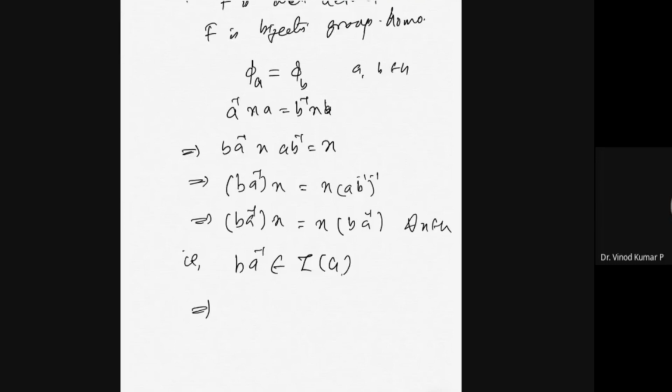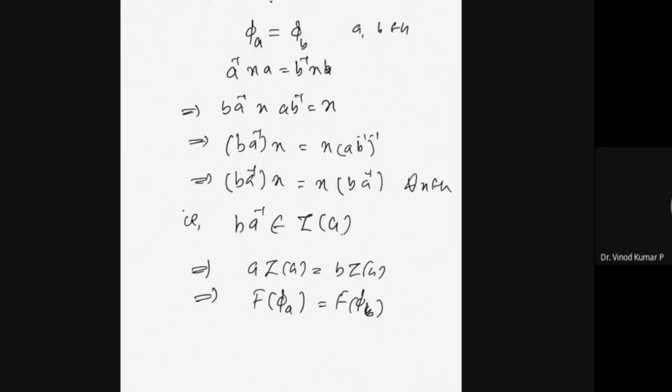So this means that a Z of G equals b Z of G, which is what our definition of f of phi of a, this is f of phi of b. So this is well defined.